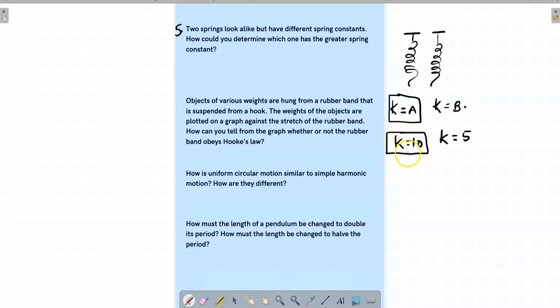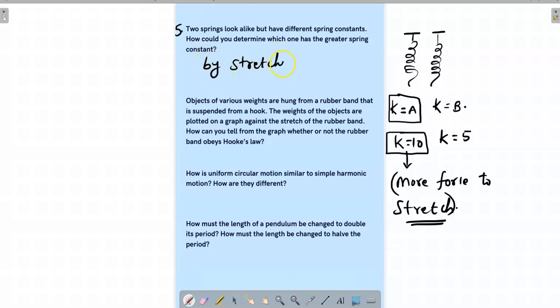If the spring has a greater spring constant, it needs more force to stretch, which is a harder spring. So we can find it by stretching. You can write the answer: by stretching, or by adding equal loads and finding the extension.